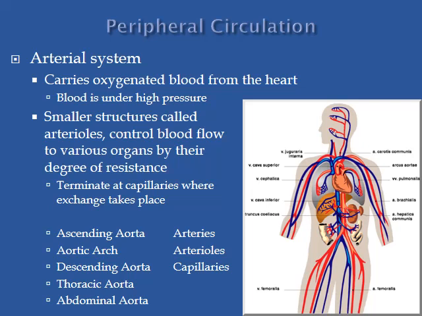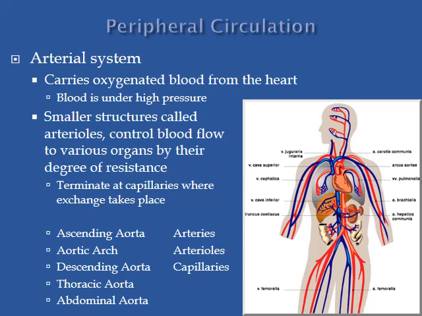As the pipes get smaller, the arterioles control the blood flow with vasoconstriction and vasodilation. The arterial system terminates at the capillary level where gas exchange takes place. Remember, at the capillary level, the red blood cells go through the capillaries in single file.